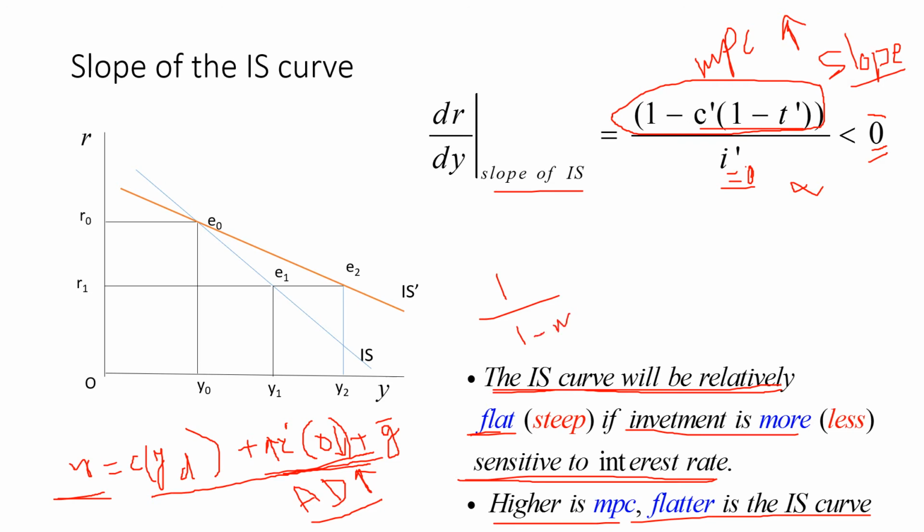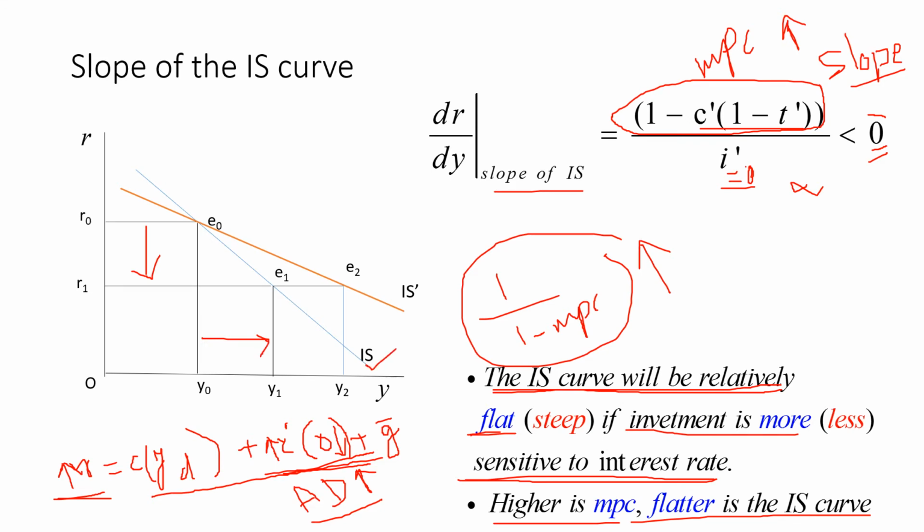So the higher the MPC, the higher is the multiplier, and the higher will be the change in income. If the MPC is smaller, Y will increase by a smaller amount. When you lower R from R0 to R1, Y will increase from Y0 to maybe Y1. So that will be your IS curve.